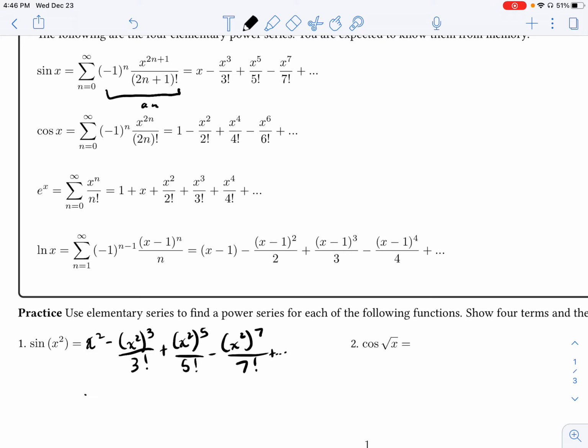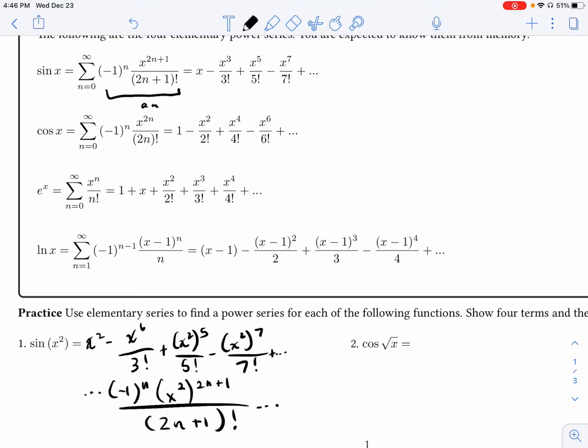So we would say negative 1 to the n times x squared, again plugging in x squared, to the 2n plus 1 over 2n plus 1 factorial. Now, we can leave this as it is, or we can clean up some of these things, like x squared to the third power, which we would just write as x to the sixth, and so on. I'm not going to do it for the rest of them. Hopefully you get the idea.